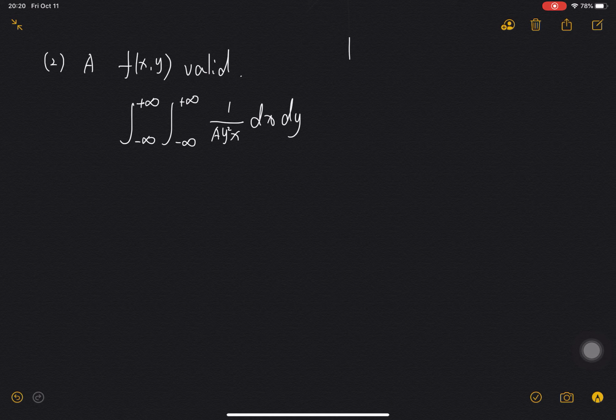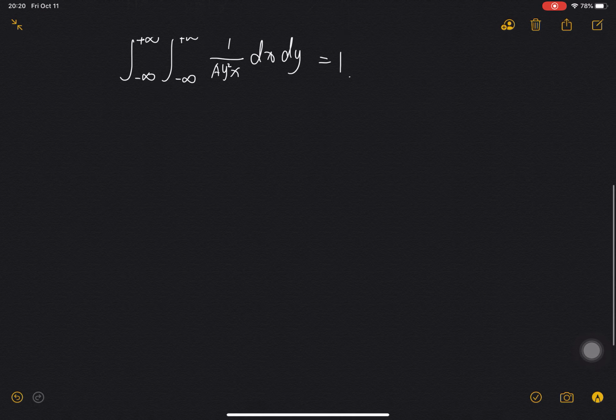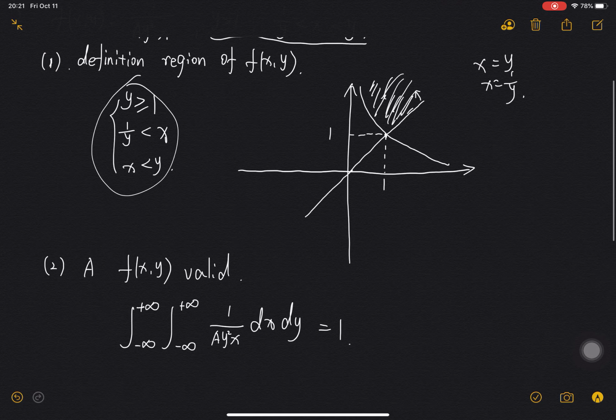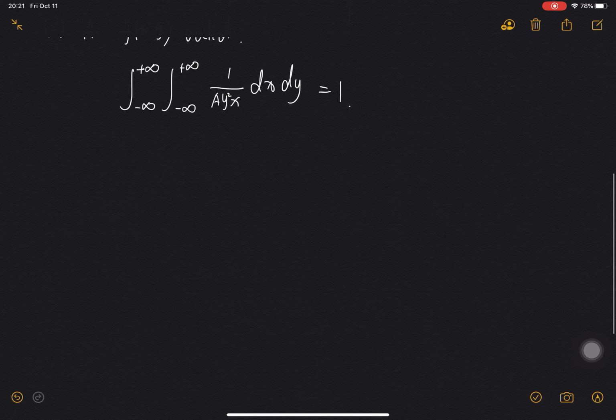The result of this integral should be 1. And we have all this definition region right here, so this integral should not be that difficult. We can transfer it to, for y larger than 1, for x larger than 1 over y and smaller than y. So it's like this.